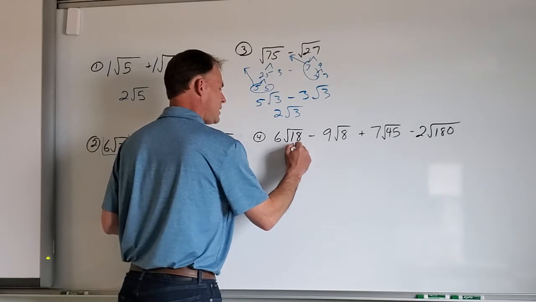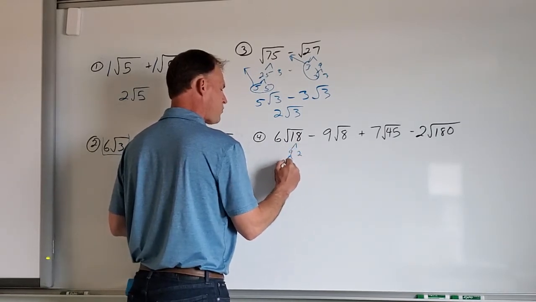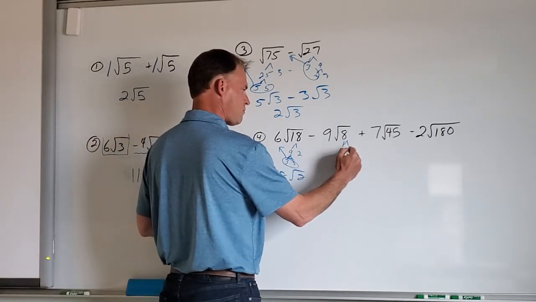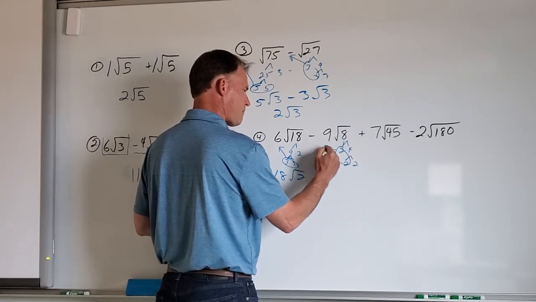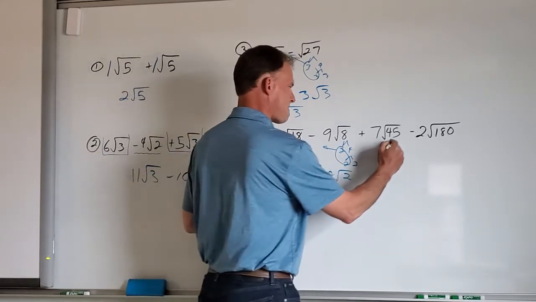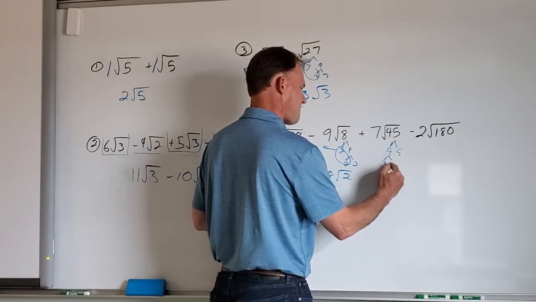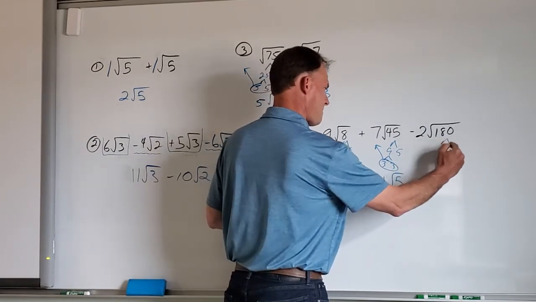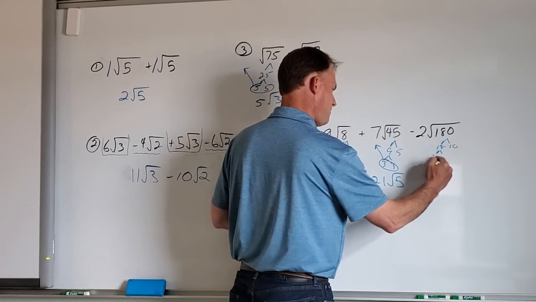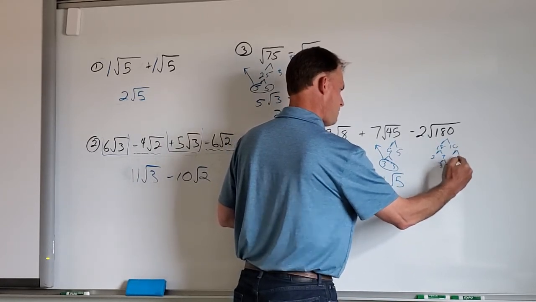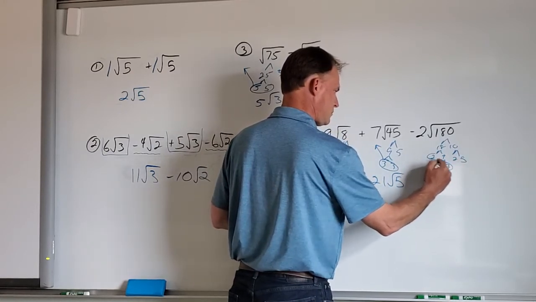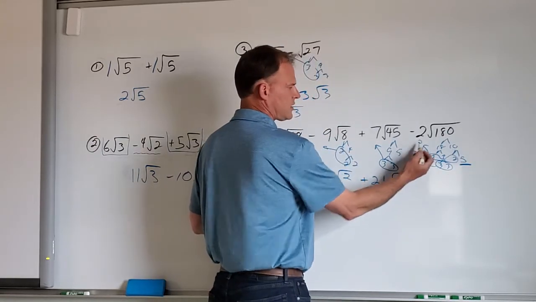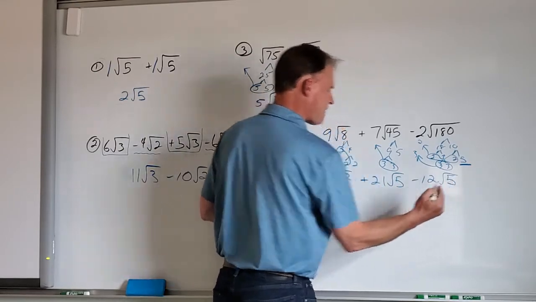Lots of breaking down here. 18 is 9 times 2, 3 and 3. 2's out, 3's out, 5 left in, so that's 6 times 2, 12 root 5.